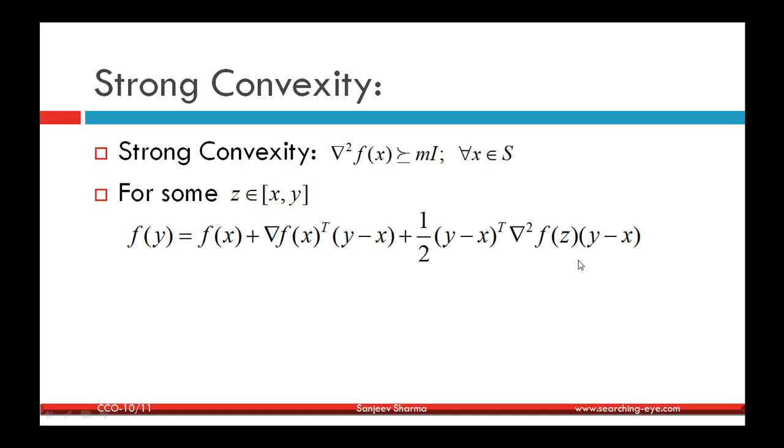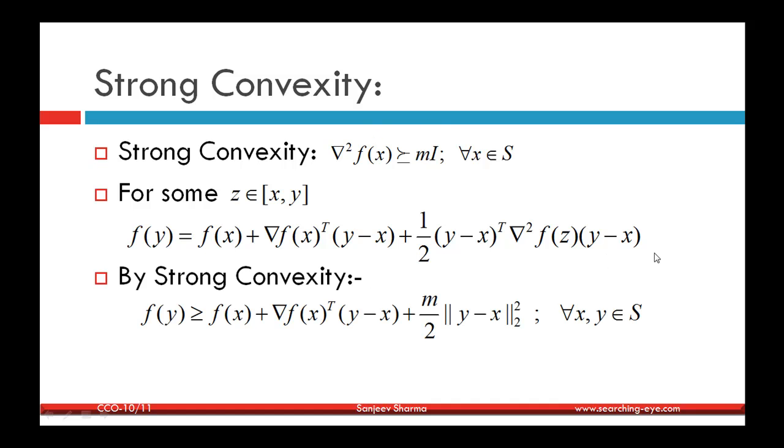Now if we replace the del square f z with this, then we get this inequality, which states that f of y should be greater than or equal to f of x plus del f x transpose times y minus x plus m over 2 times norm of y minus x squared, where x, y belong to the sublevel set, and this inequality holds since z also belongs to the sublevel set.